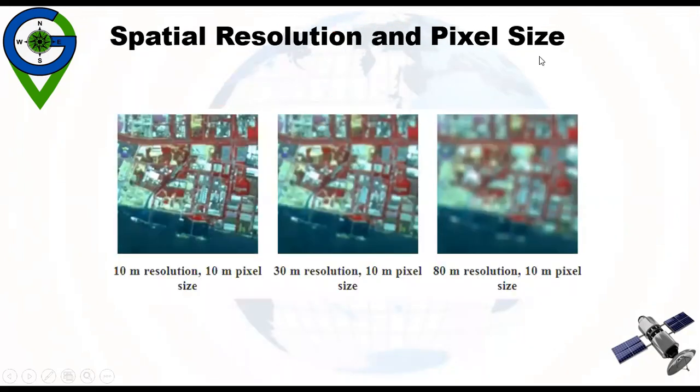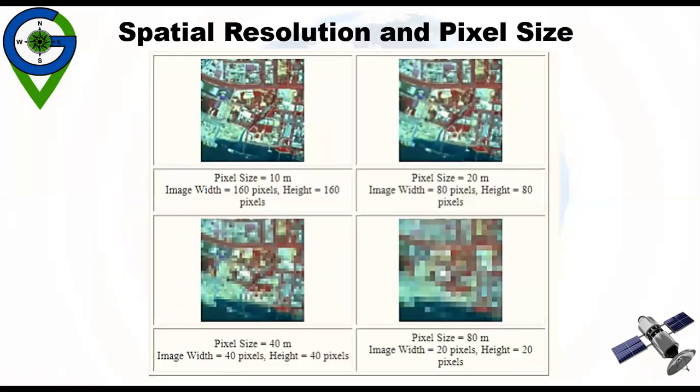In this example of spatial resolution and pixels, 10 meter resolution means 10 meter pixel size, and 30 meter resolution means 30 meter pixel size. Here we have explained with another example.